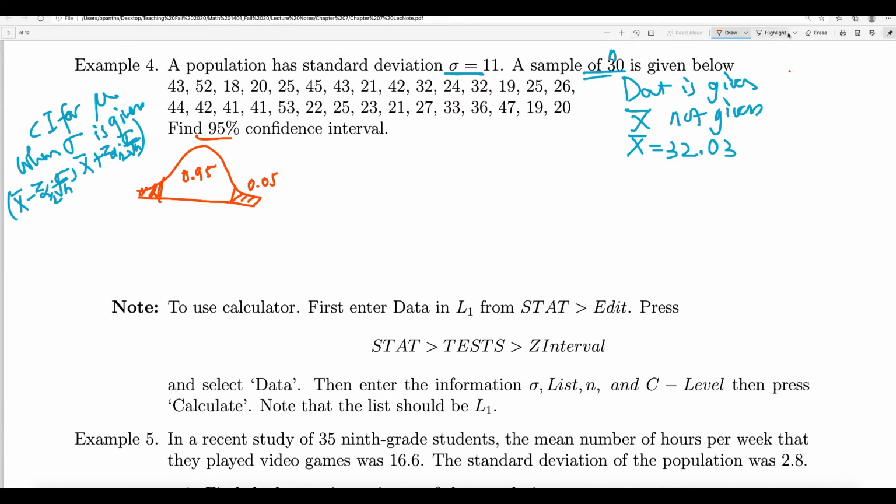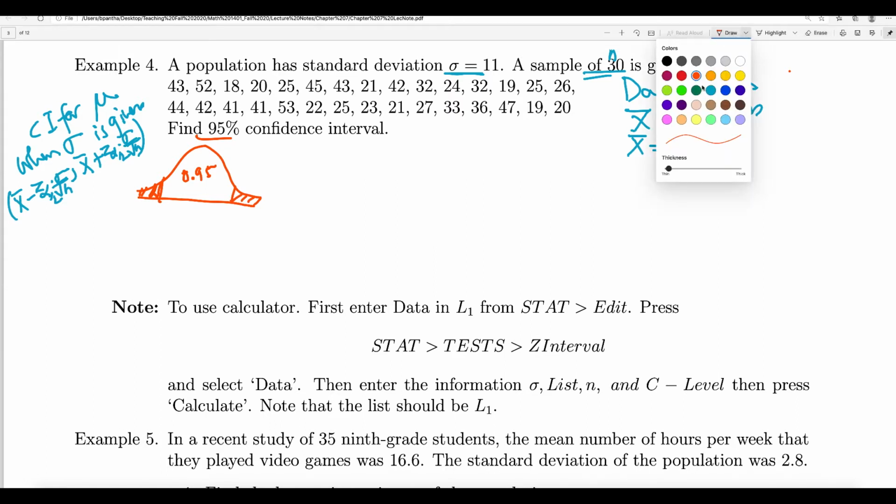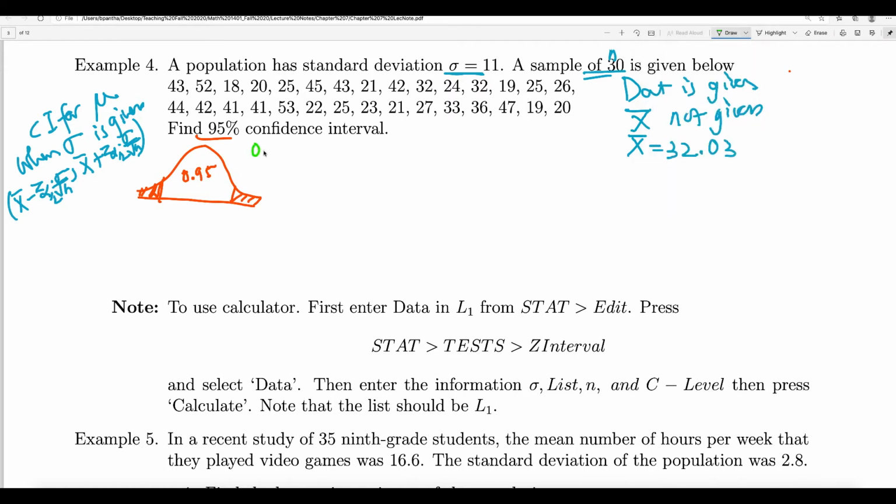Since the total outside area is 5%, we need to divide that into two halves, because there are two outside areas. So 0.05 divided by 2 is 0.025, and this is also 0.025.